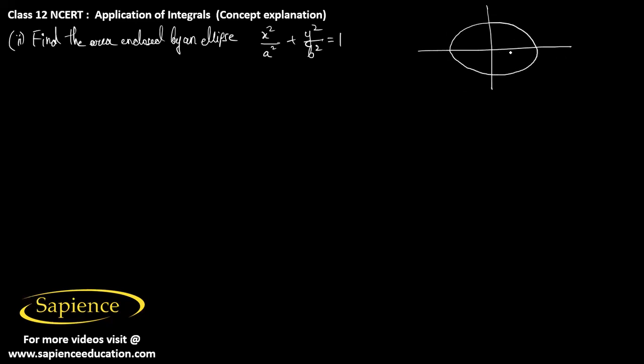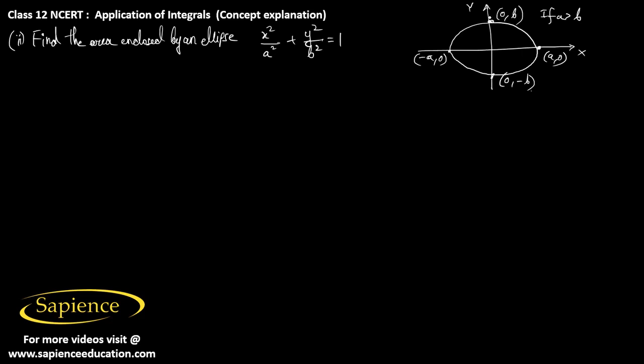This is suppose the ellipse. So if a is greater than b, then it will be a horizontal ellipse like this. So the major axis will be the x-axis and the minor axis is the y-axis, and it will intersect the x-axis at the points a comma 0 and minus a comma 0, and it will intersect the y-axis at the point 0 comma b and 0 comma minus b.